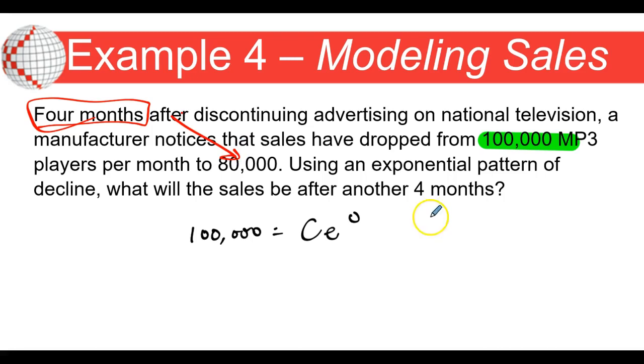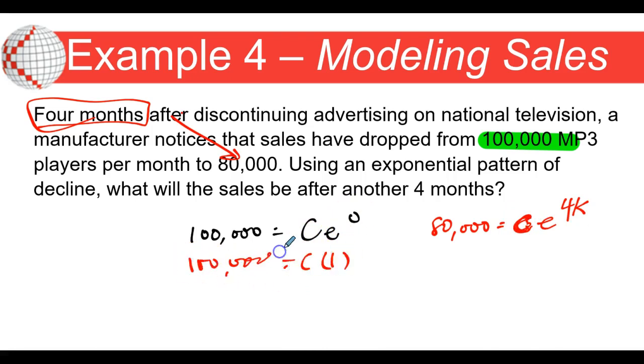So after 4 months, 80,000 is equal to C e to the 4k. But I don't know what C is, but I can solve for C over here because e to the 0 is 1. So C is 100,000.